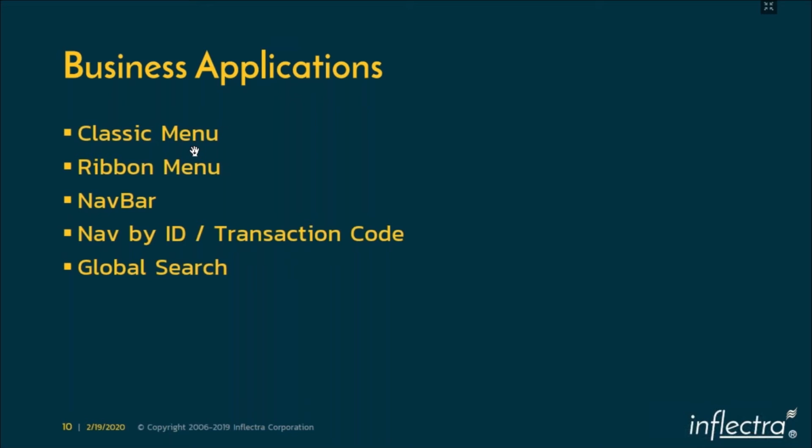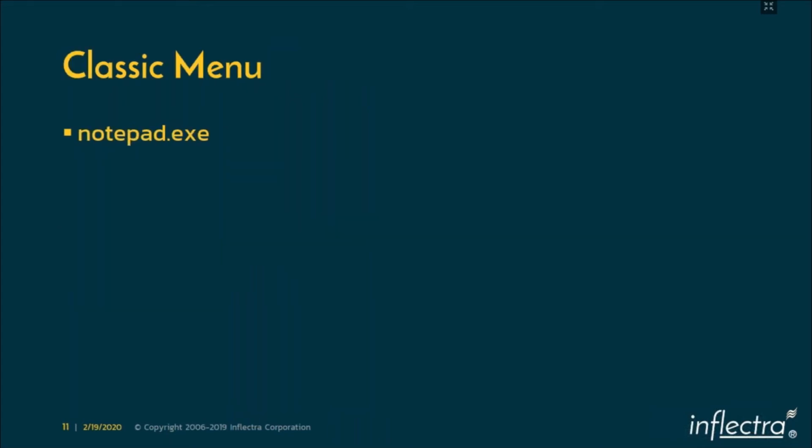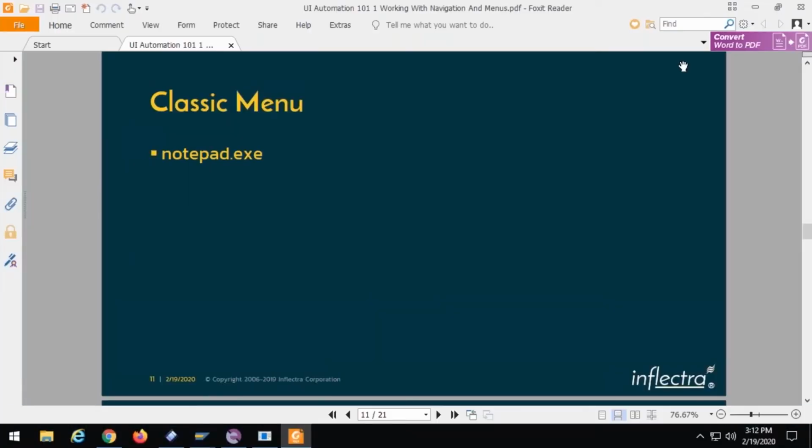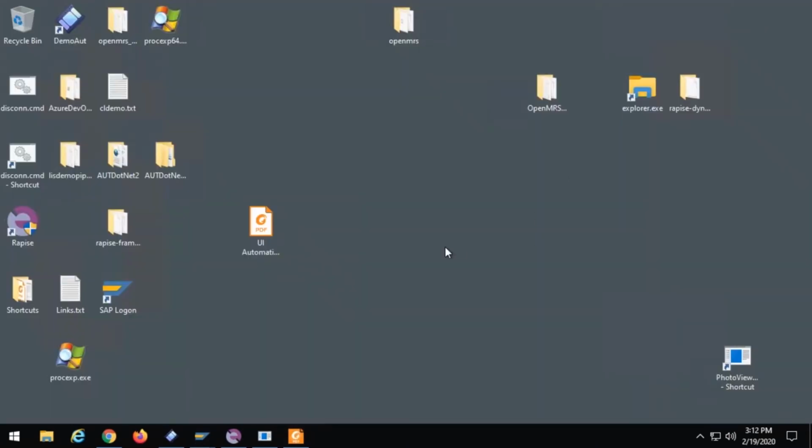So we're going to briefly go through different options for such navigation approaches. The first example is a classic menu that's been here since the very beginning, and we are going to look at such a use case.